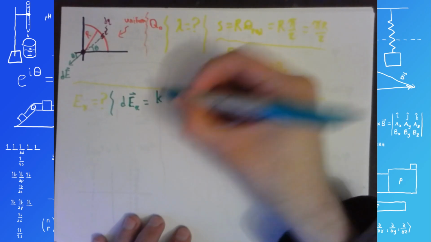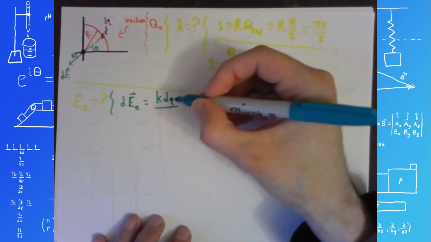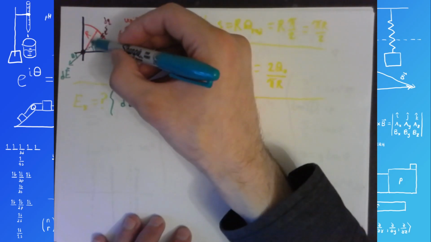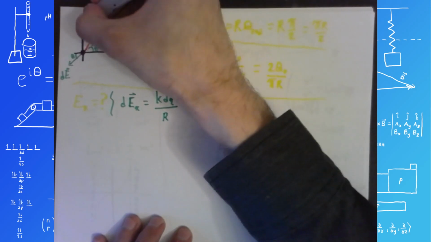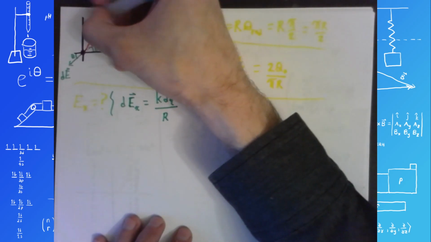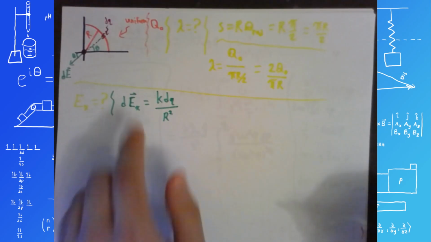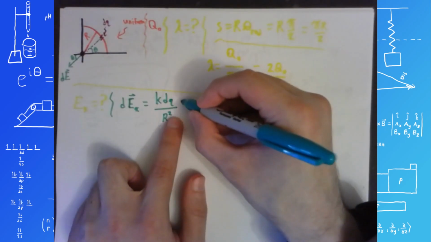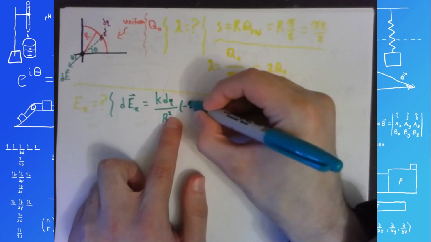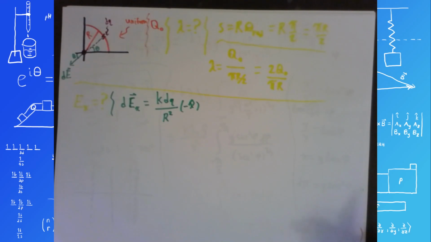Anyway, k times dq over r squared. This time r is going to be just big R, regardless of which dq you pick along this arc. So big R squared, that's constant. k dq over r squared, r hat. Our r hat this time is going to be negative x hat, or again, negative i hat if you prefer.